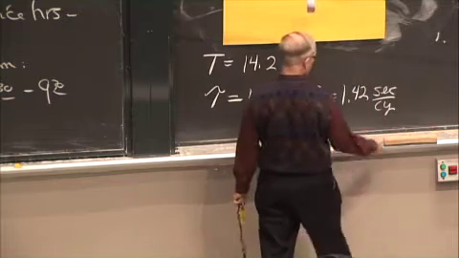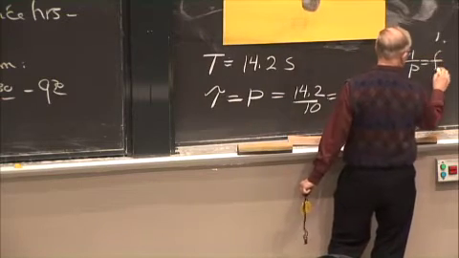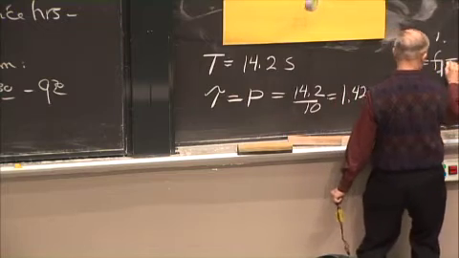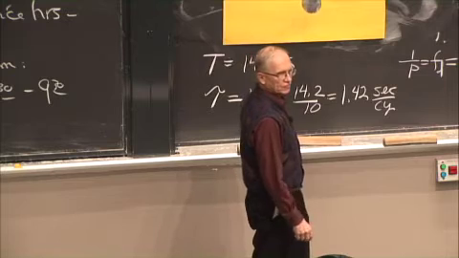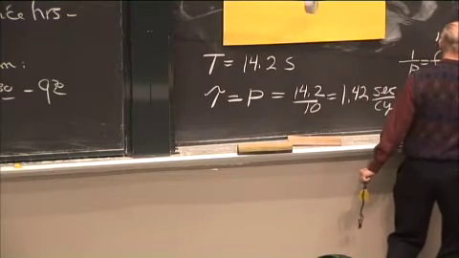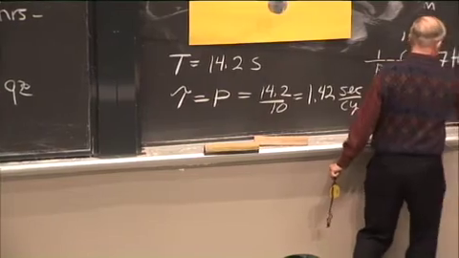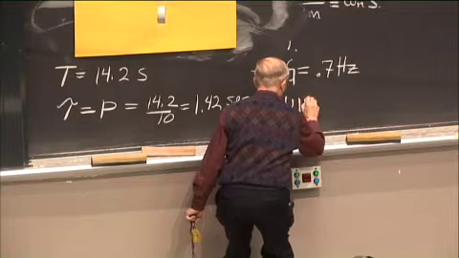If you invert that, 1 over p, you get the damped natural frequency in hertz. 1.42 inverse is about 0.7 hertz, that's cycles per second.